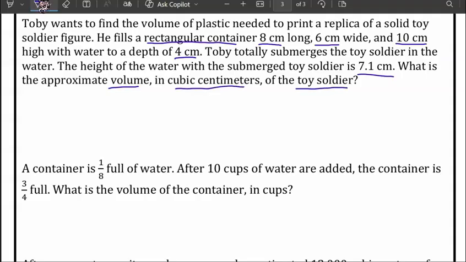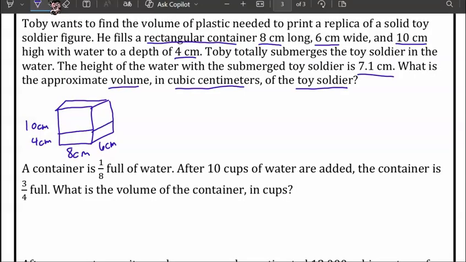First, let's draw a picture of this rectangular prism. The height is 10 centimeters, and the water is to a height of 4 centimeters. We have lengths and widths of 8 centimeters and 6 centimeters.